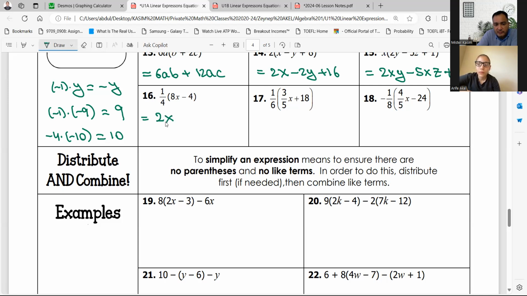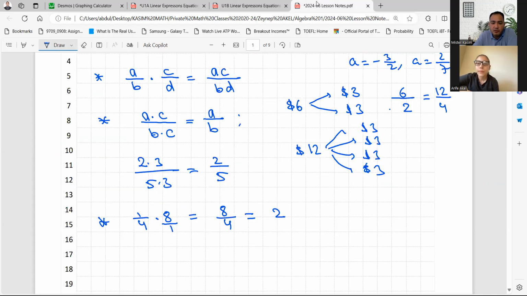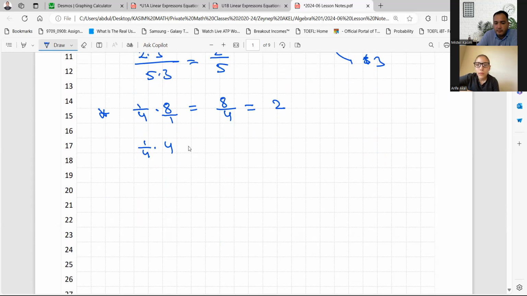So here we have 2x. Minus, because plus times minus is minus. What is 1 over 4 times 4? 4 over 4. Which is equal to? 1, sorry. Yeah, if you divide anything by 1. Because we should know that a over b, I can write as a times 1 over b, or 1 over b times a.